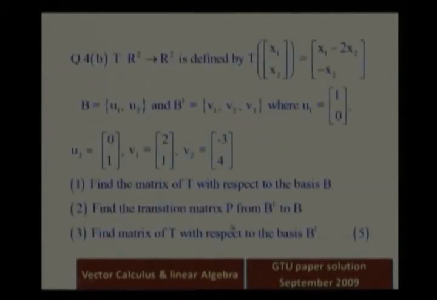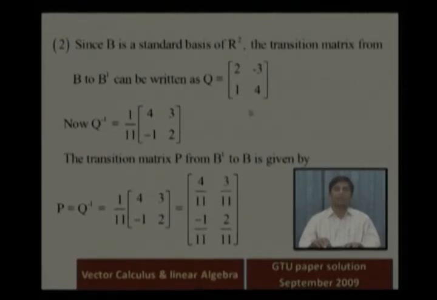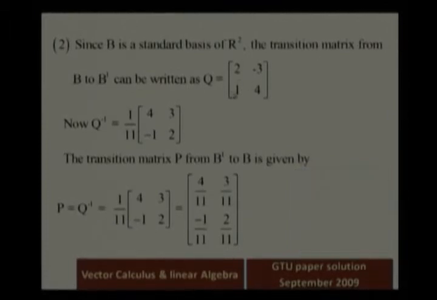The second question is: find the transition matrix P from B dash to B. Okay. Since B is a standard basis for R2, the transition matrix from B to B dash can be written as Q = [2 -3; 1 4], right? So what is Q inverse? To invert this matrix, we interchange the main diagonal entries 4 and 2, change the sign of the other diagonal entries, 3 and minus 1, and divide by the determinant of the given matrix, that is 4 into 2 is 8, minus 1 into minus 3 into 1, that is 8 plus 3, that is 11.